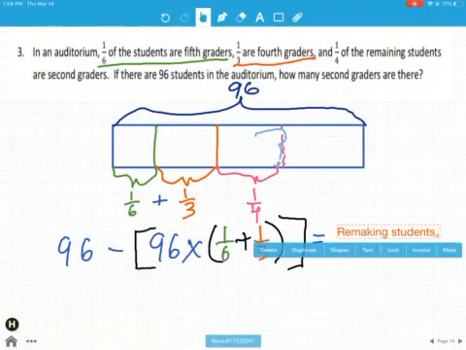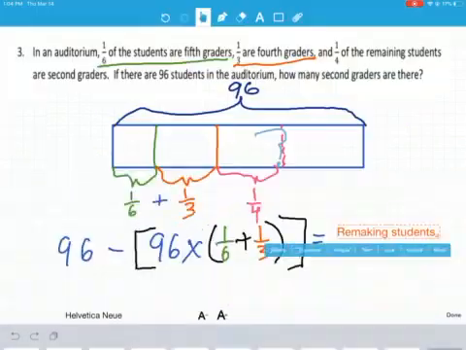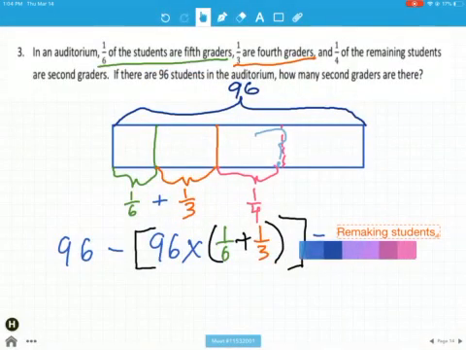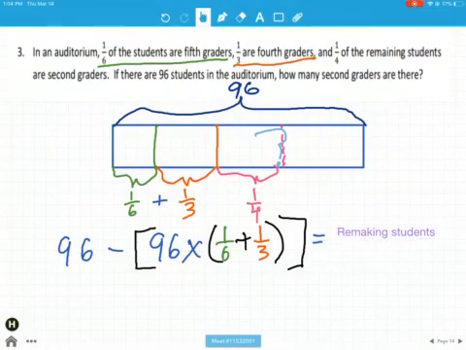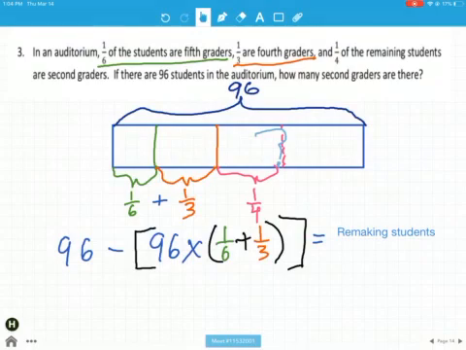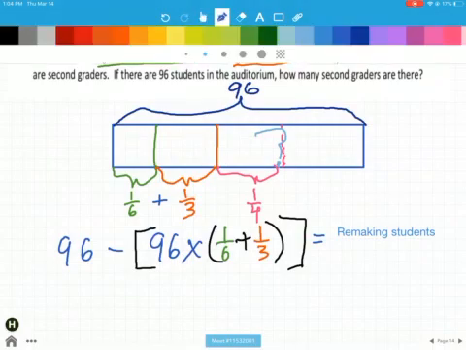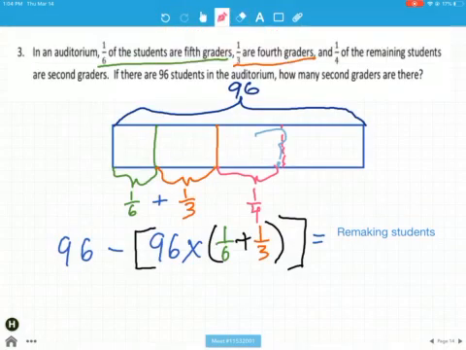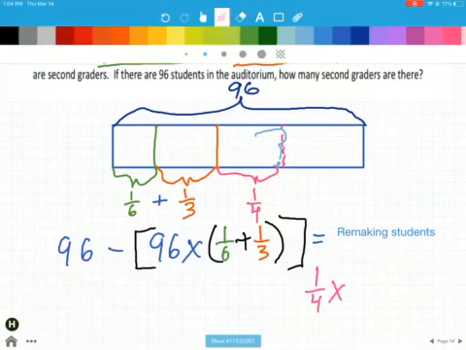So we have these remaining students here. Okay. I'll choose the purple. Then after we find the remaining students, we're going to use that number. Actually, I'm going to put it in that color that I have, the question mark right there. We're going to find 1/4 of the remaining students. So after we figure that out, we are going to do 1/4 of the remaining students.